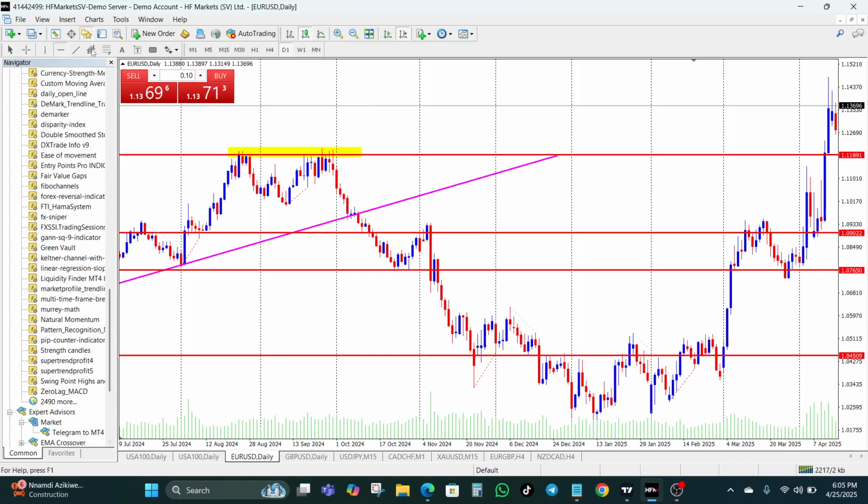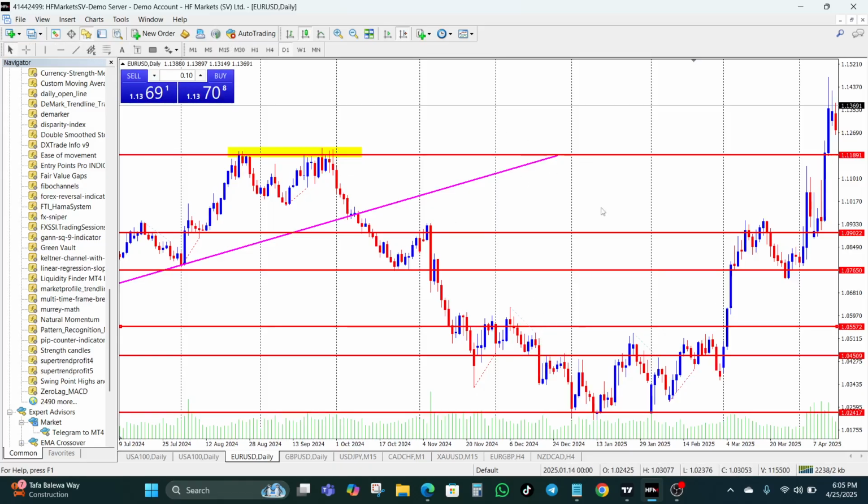And then your stop loss can be above the recent swing high. Depending on where your entry was, but if you are going to get a confirmation and enter around here, this can be above this recent swing high for your stop loss, and your take profit can be around key support zones.